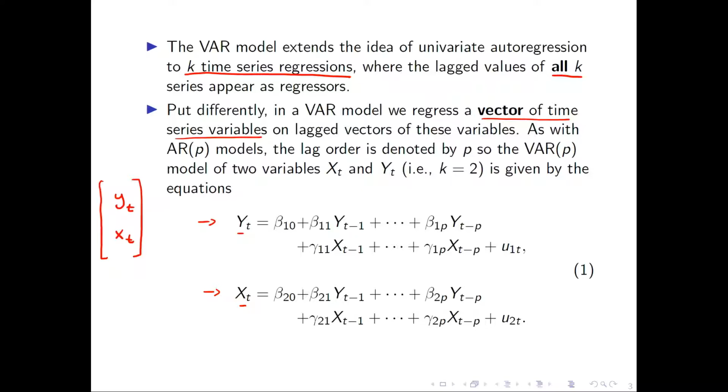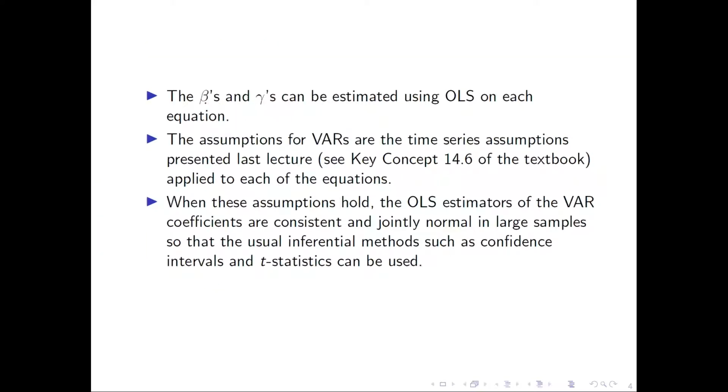The question now is, how do you estimate these equations? And the slopes of these equations, or the coefficients of these equations, can be estimated by OLS. And you know how to do that in, for example, Stata.